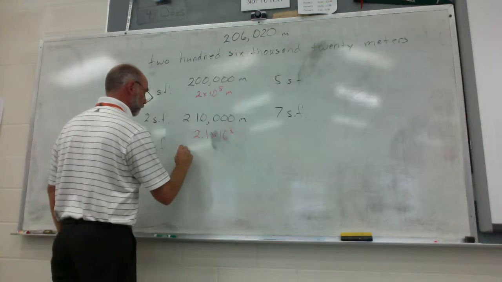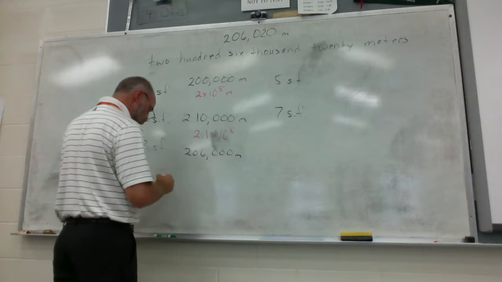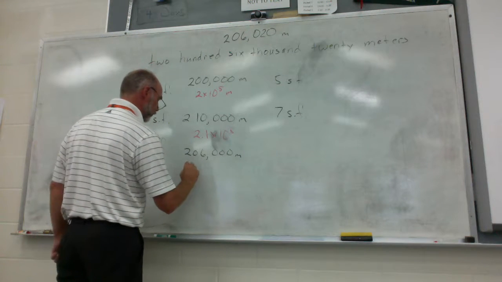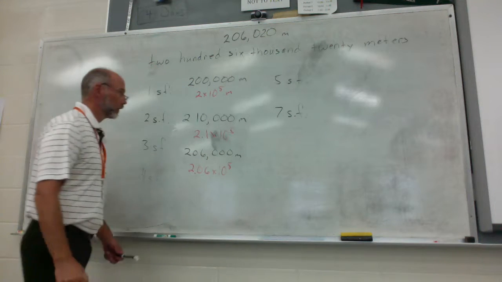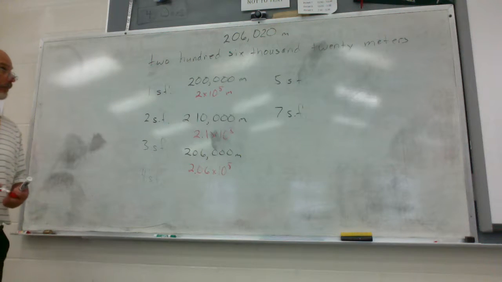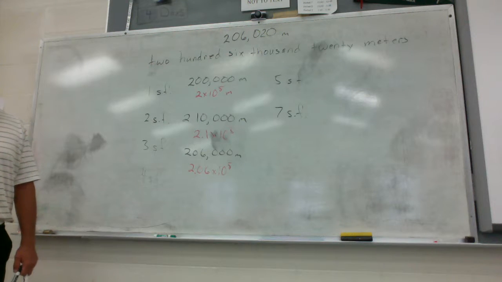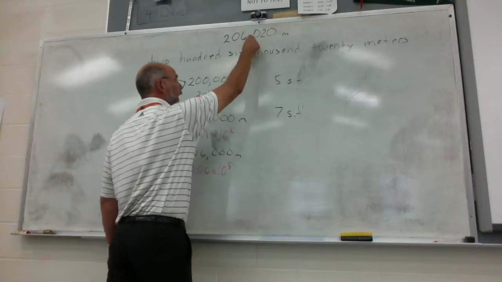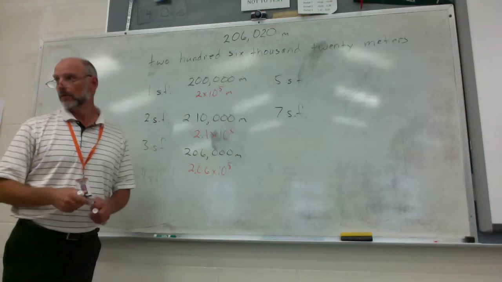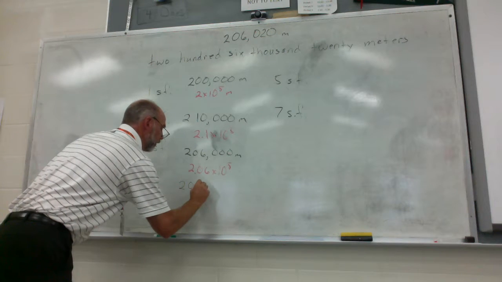So, 206,000 or 2.06 times 10 to the 5th. Four significant figures would be to there. 206,100.